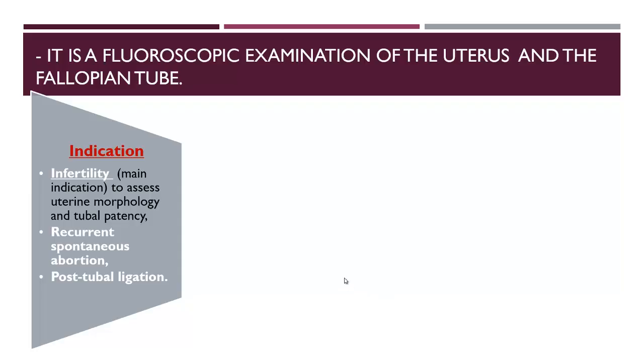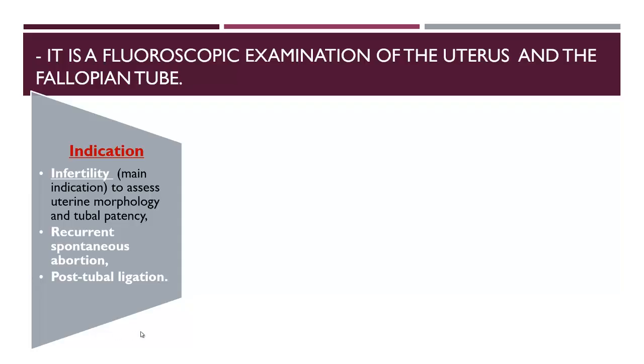Hysterosalpingography is a fluoroscopic examination of the uterus and fallopian tubes. Indications: in cases of infertility, the main indication, to assess the uterine morphology and tubal patency. This is the main indication nowadays. In recurrent spontaneous abortion, I think we do ultrasound more to assess for cervical incompetence; ultrasound will be better.